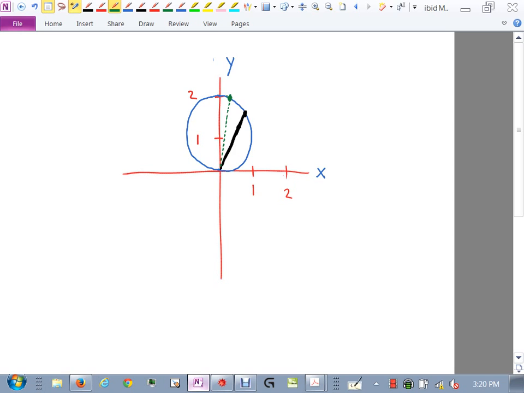So 0 to pi. If I'm pointing out this direction, that means theta is 0. Do I have a certain radius? It's 0, right? Because I can only be at that one point where the circle touches tangent to the origin. So at theta 0, I'm at 0. And then if I turn just a little bit and point out like this, I have a pretty small variation in radius.